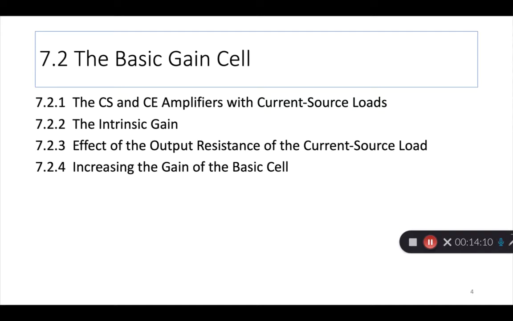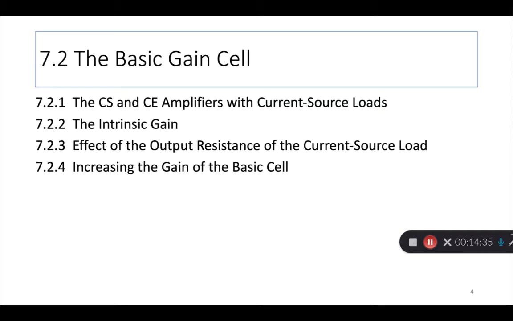Also, they're used for impedance matching. That means when you have a source generating a signal that has a low output impedance, then when you want to connect it to a high gain CE stage, you put a buffer before it, right?